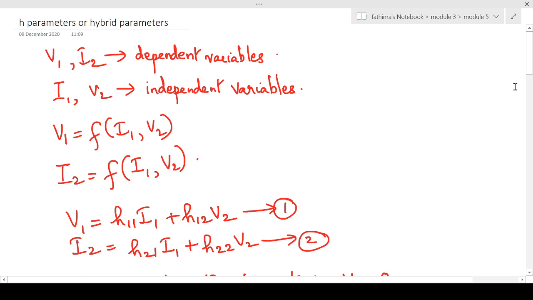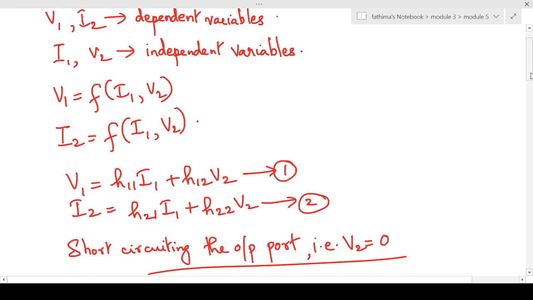Now we can write the equations for H parameters. That is, V1 depends on I1 by a parameter H11 and depends on V2 by a parameter H12. Now I2 depends on I1 by a parameter H21 and depends on V2 by a parameter H22.